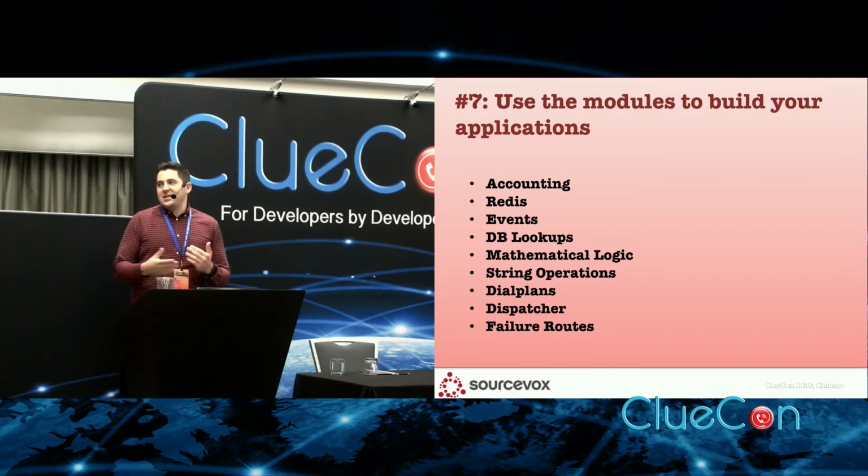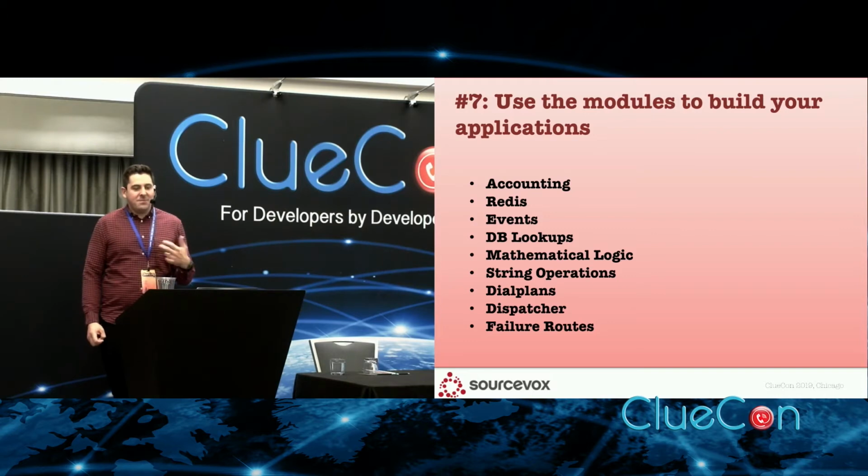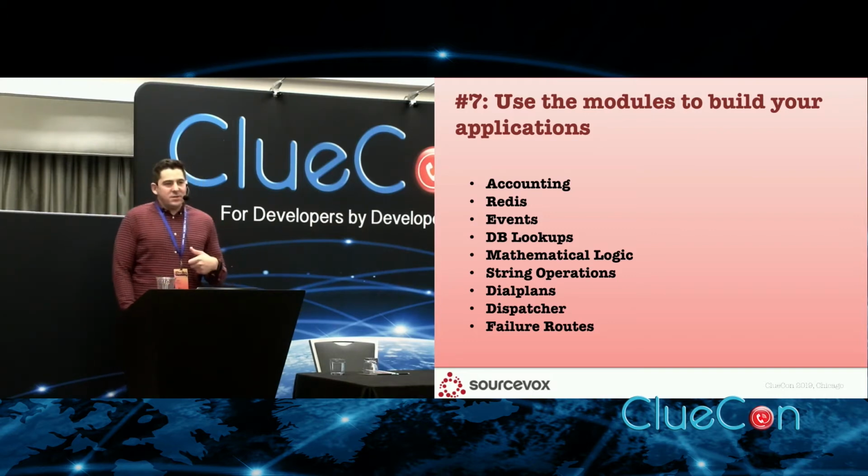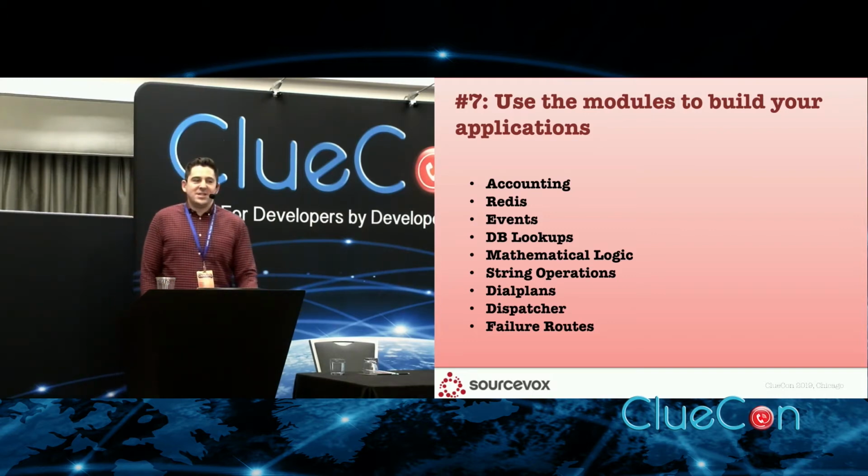So the next thing is you can actually start to write your application, start to use the accounting modules, event modules, mathematical modules. If you look in the list of modules that comes with OpenSIPS now, you can do some pretty amazing things as you're routing a SIP request through a SIP proxy. So I'd encourage everyone to have a look at the list of modules available, you can do some really cool stuff.